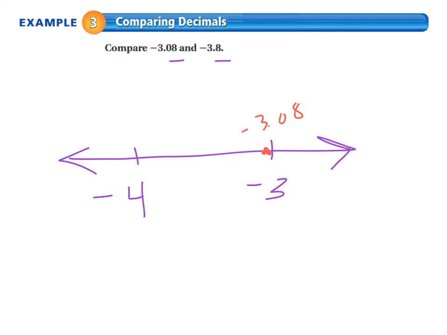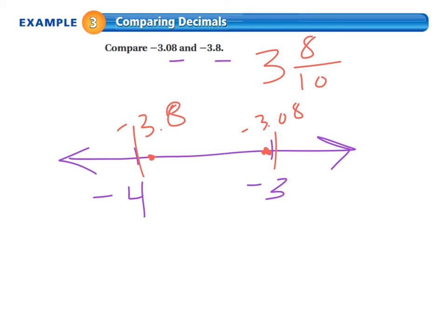Negative 3 and 8/10ths, that's getting pretty close to 4. So that's going to be down on this end. That's like dividing this up. That's 8/10ths. That's the same as this, as a fraction. So that's like dividing this space between here and here up into 10 and going over 8. So that's negative 3.8 right there.